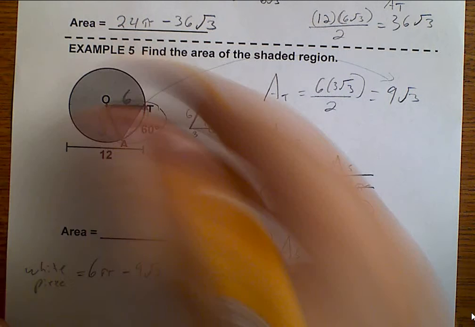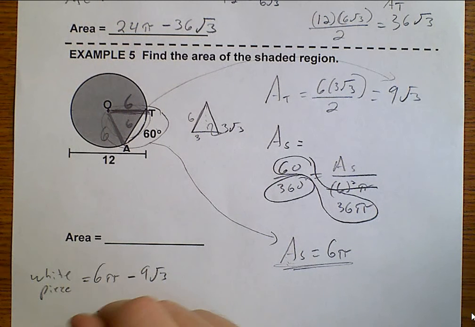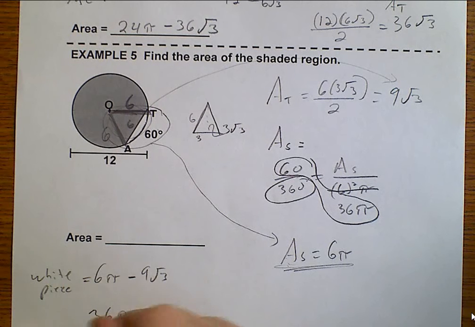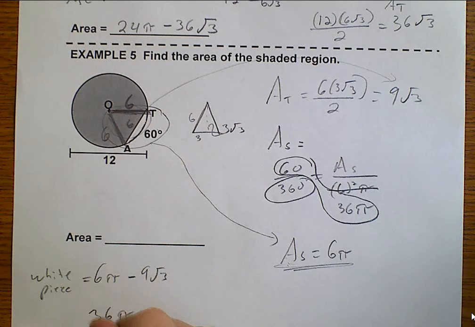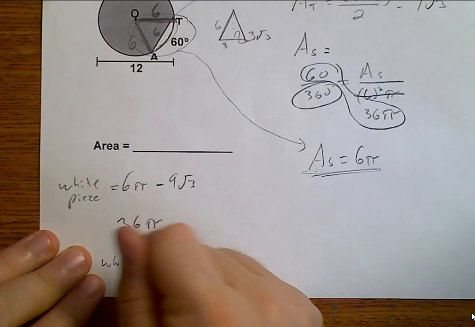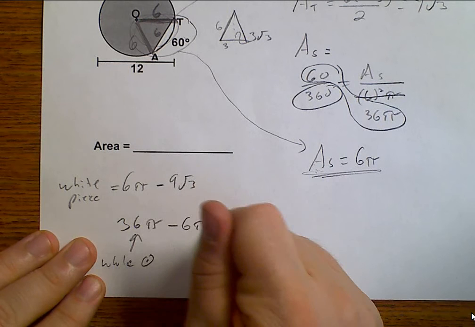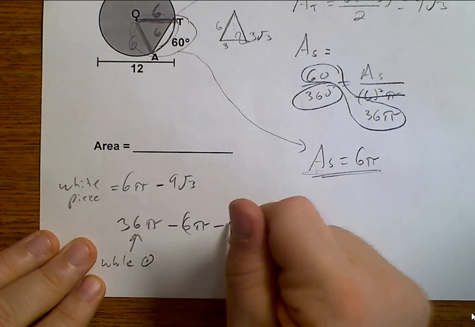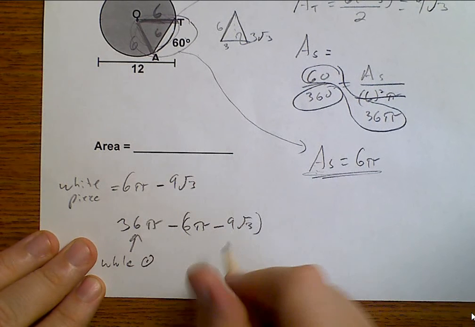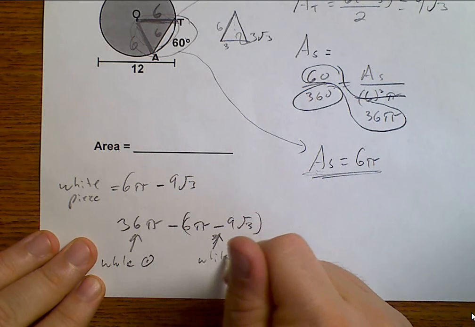Well, the shaded part is everything except the white piece. So that means 36 pi, which is the whole circle, minus 6 pi minus 9 square root of 3, which is the white part.